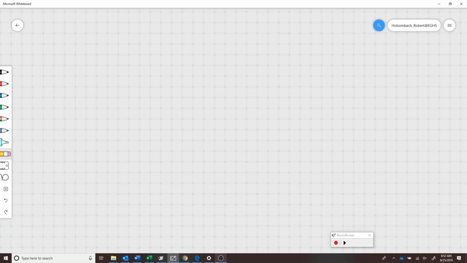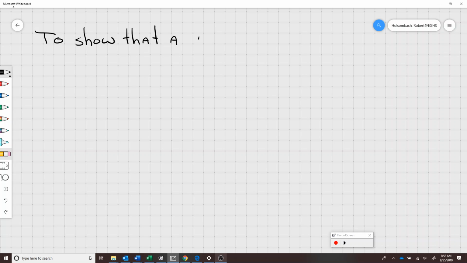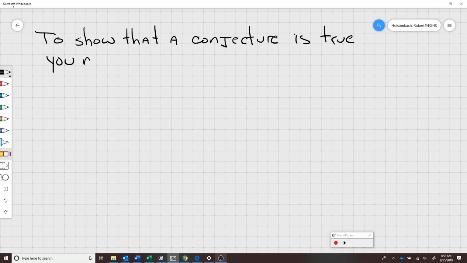To show that a conjecture is true, you must prove it for all cases.